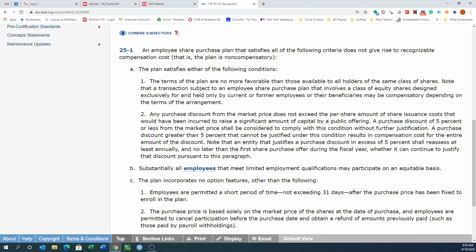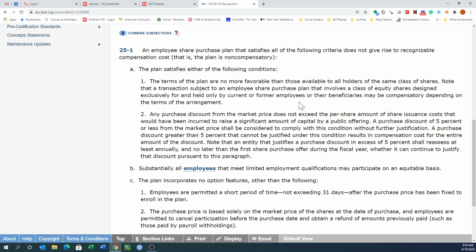The other thing we've got to start thinking about is, what kind of a discount am I giving them? So if I had to go out and issue new shares, because remember, the employees are buying the shares at whatever the market price is. If I was going to issue brand new shares, I would likely have to go to an underwriter, and the underwriter would charge me to issue the shares.